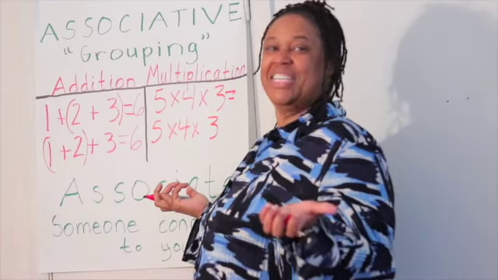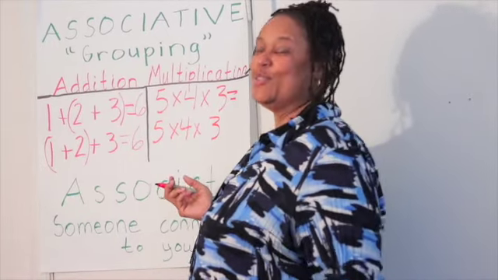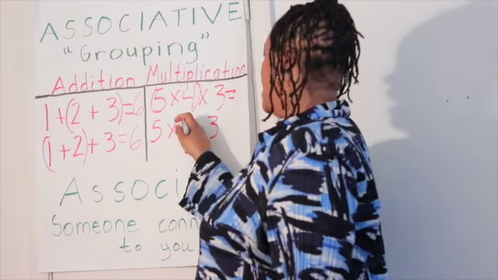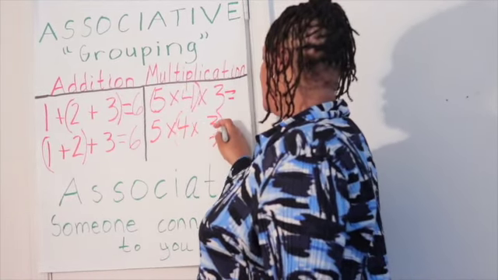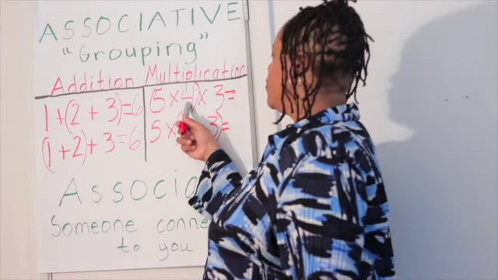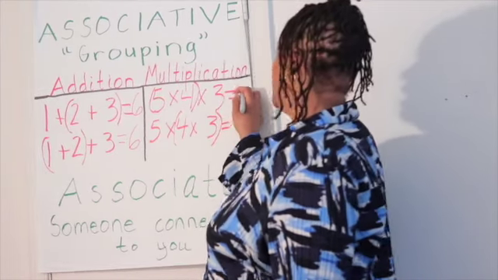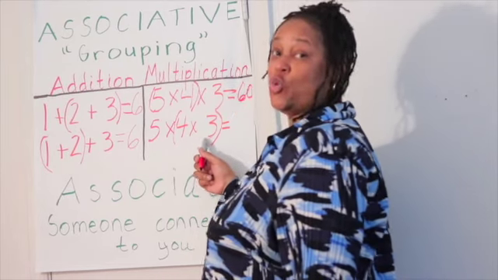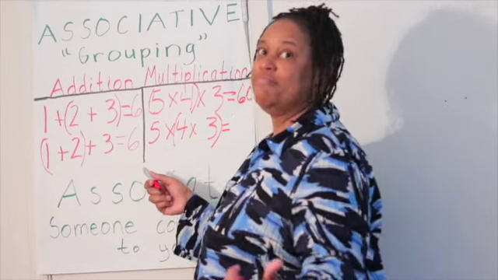Again, they're the exact same. Let's associate some numbers. 5 times 4 and 4 times 3. 5 times 4 is 20, times 3 is 60. 4 times 3 is 12, times 5, still 60.